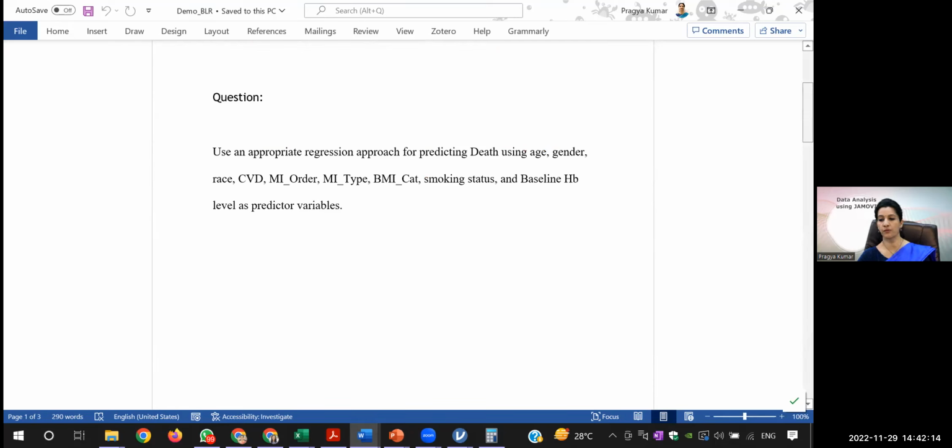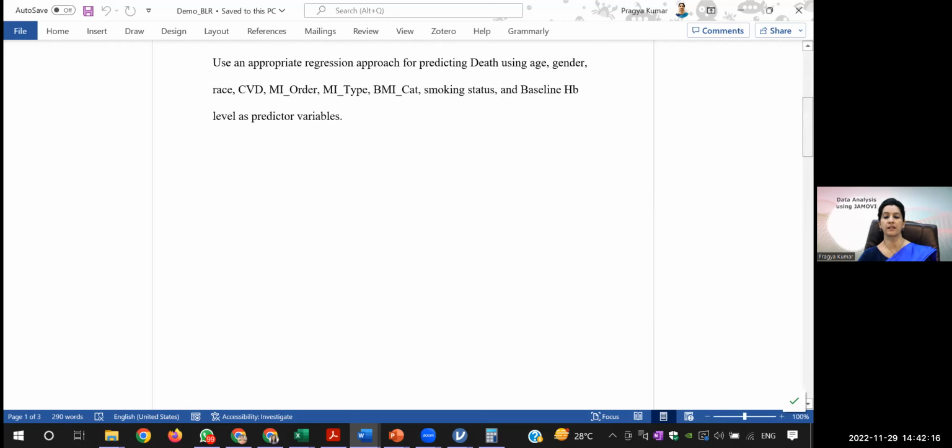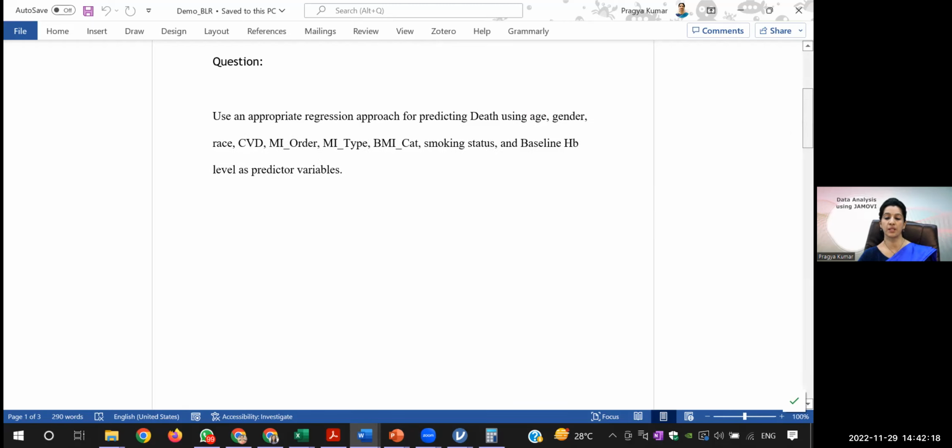So what is my first step? I'll check for the assumptions. You have those descriptives with you, where you have those outliers for the continuous variables, like age and hemoglobin. You should be checking the normality of the continuous variables.